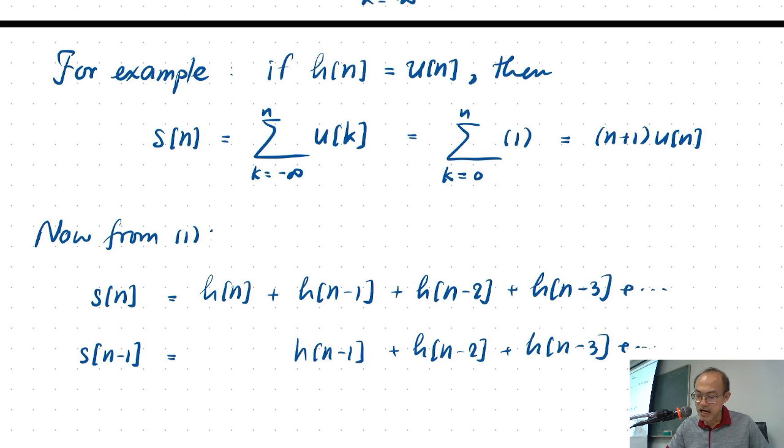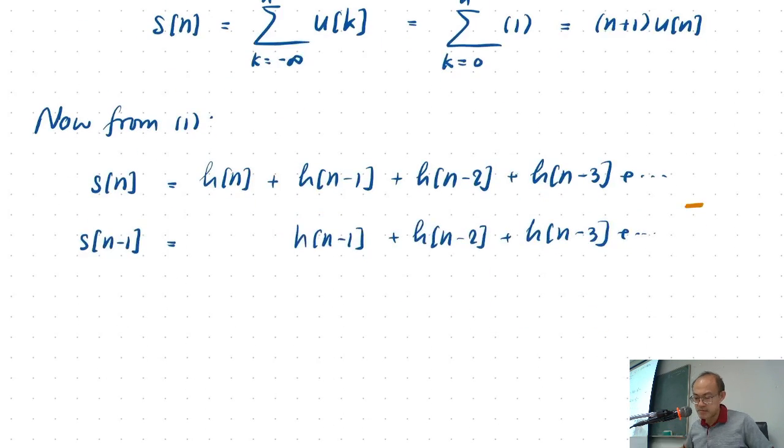And then I can subtract these two equations. If I subtract these two equations, all of this will cancel out, leaving me only this term. So the right hand side would be h of n.